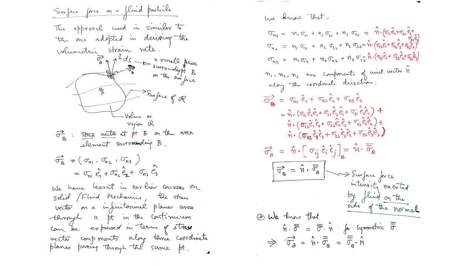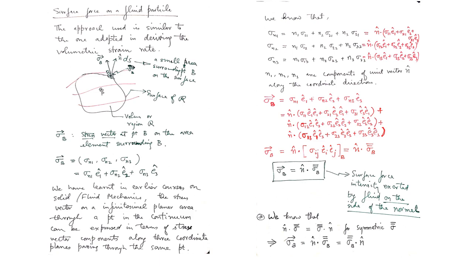So you can write it as a dot product of n cap and this vector. In this vector, sigma 11, 21 and 31 components are taken, right. And for the second term sigma n2, you can express this as n cap dot product with sigma 12 e1 plus sigma 22 e2 cap plus sigma 32 e3 cap.